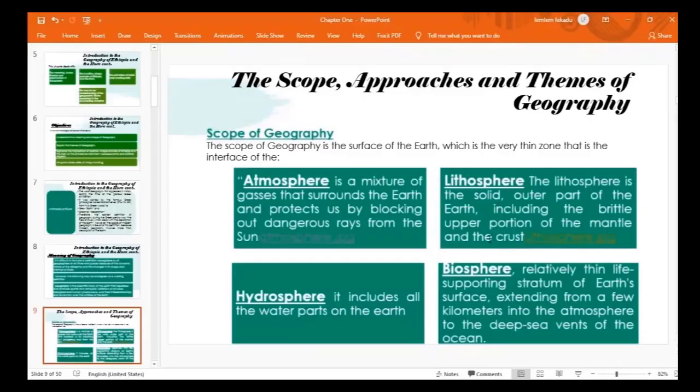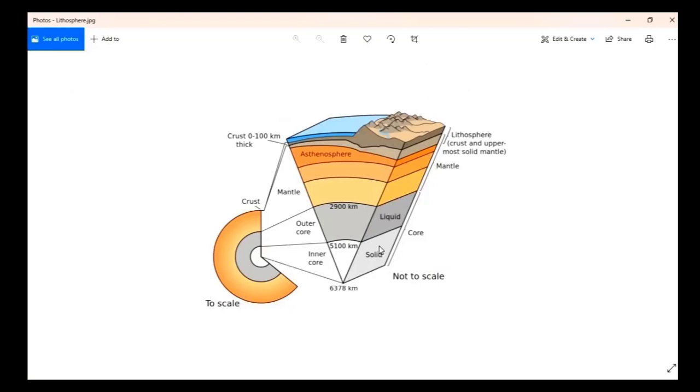The second scope of geography is the lithosphere. The lithosphere is the solid outer part of the Earth, which includes the brittle upper portion of the mantle and the crust. As you've seen, there are 3 layers of the Earth.